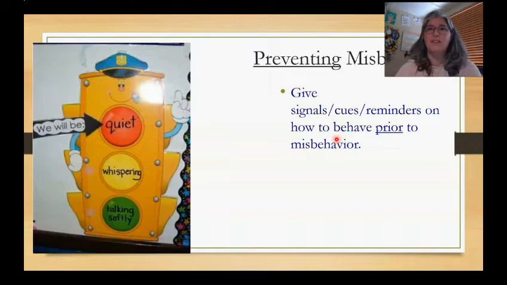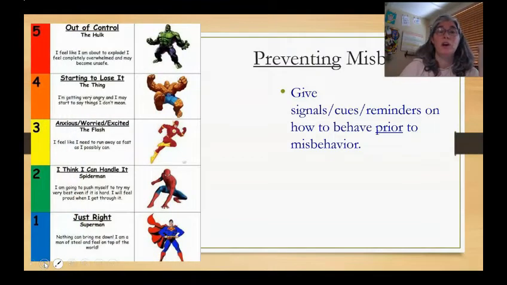Rather than having it get out of control and having to give a consequence, give gentle reminders. So before you get into group work, talk with them about the noise level you're hoping for. I want you to be quiet, or whispering is what is needed. You can also talk with them ahead of time about how to identify different types of behaviors or emotions in themselves to help them learn how to self-control.